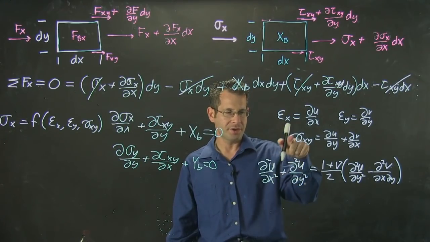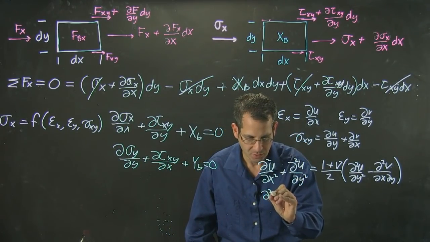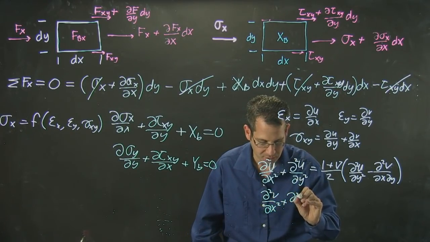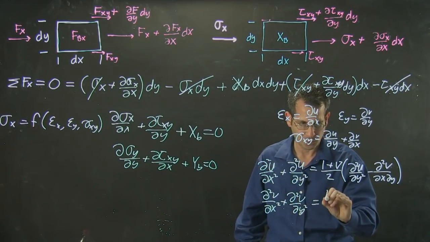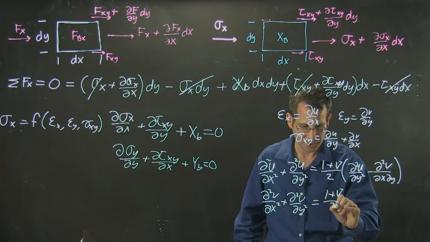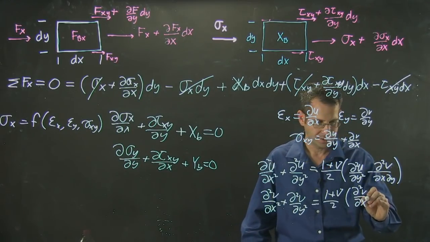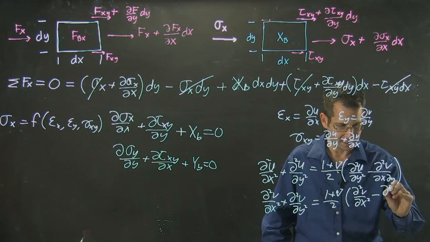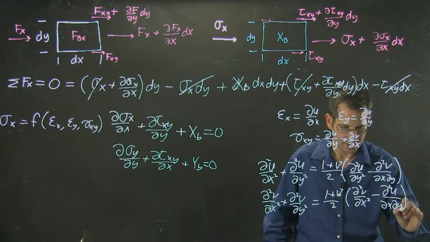And for the other equation, the y equation, will give me d squared v dx squared plus d squared v dy squared is equal to (1 plus Poisson's ratio) over 2 times the second derivative of v with respect to x squared minus the second derivative d squared u dx dy.